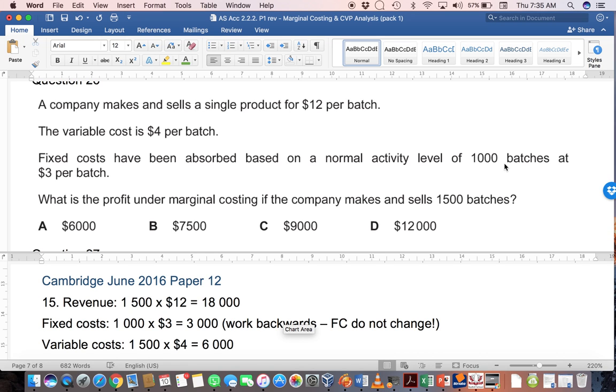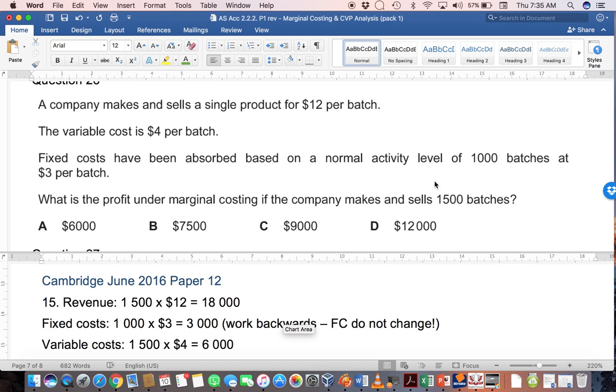Now notice that what I've done over here is I've used the normal activity level to work out the actual fixed costs, because when I'm using marginal costing, I want to use my actual fixed cost. I'm not going to include that fixed cost as a cost per unit. I'm going to keep it on its own as total fixed costs. So work backwards from this information over here to see that the total actual fixed costs must be $3,000.